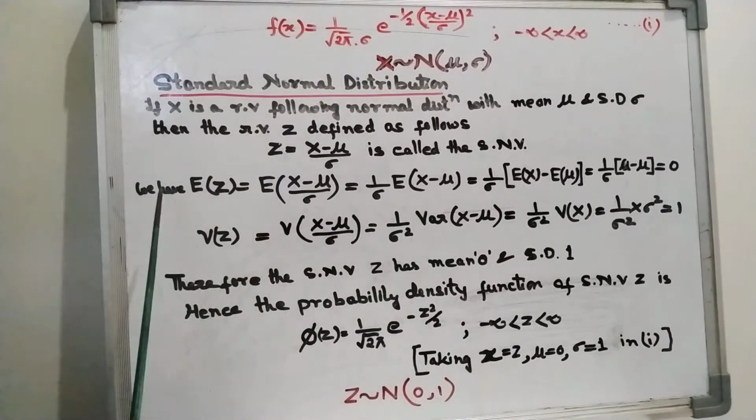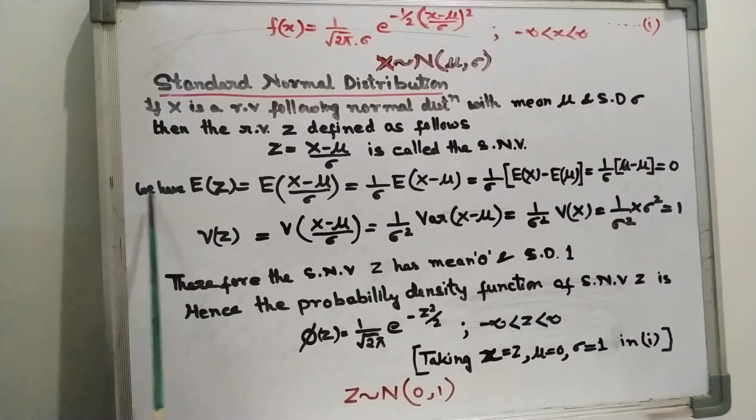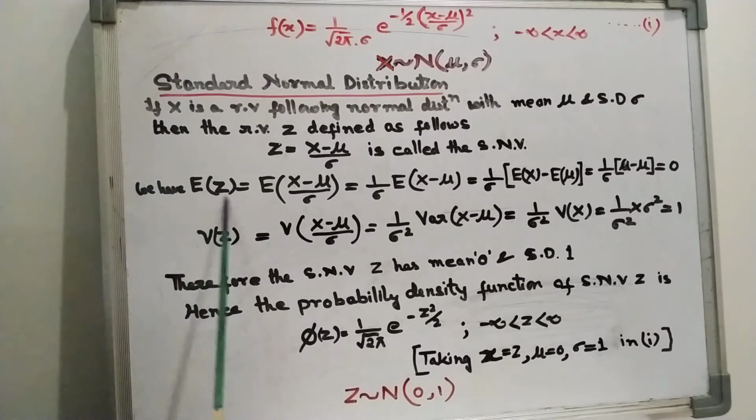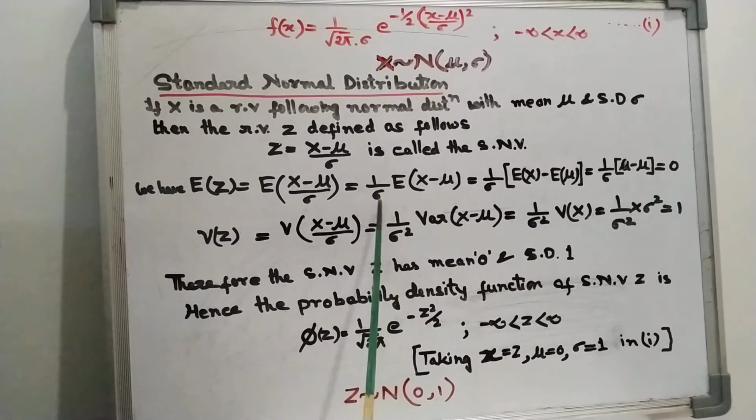Now let's find the mean of this standard normal variate. We have E of z, the mean of this standard normal variate. We know z is x minus mu divided by sigma, so put that in. Sigma is a constant quantity, so bring it outside: 1 by sigma E(x minus mu).